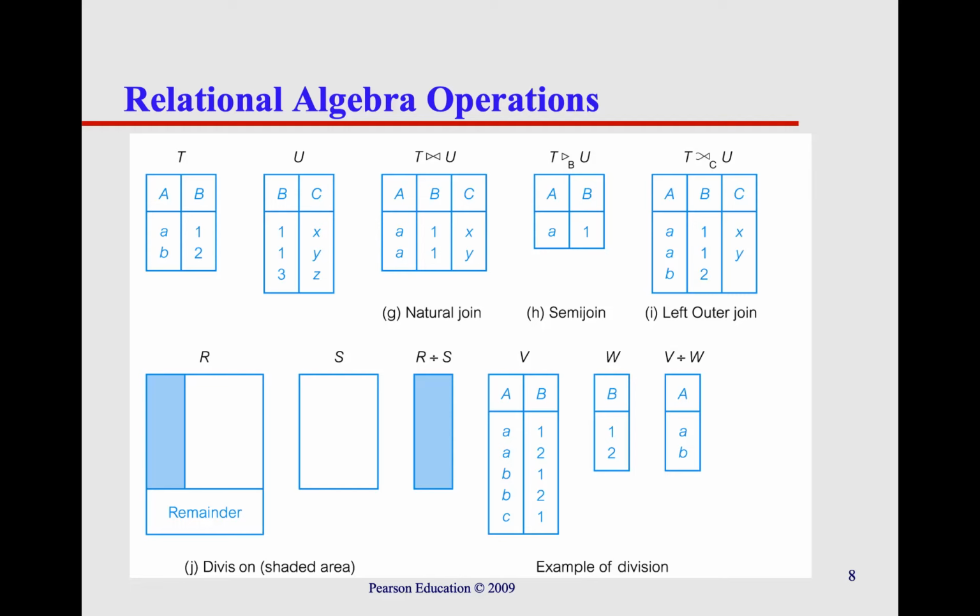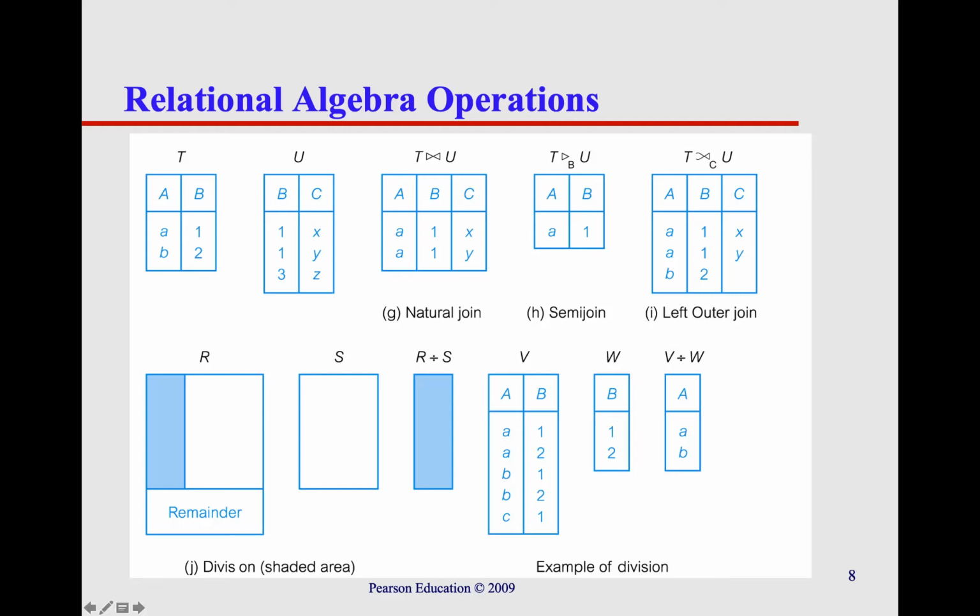You will be invited to the ceremony if you have visited every park in Tennessee. You will be given an award if you have visited every hotel in our chain. So you have to match every row in S in order to appear in the result.